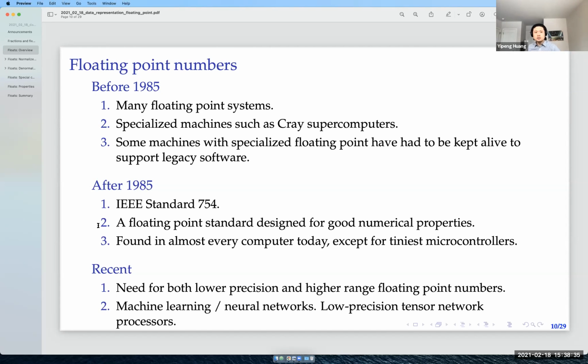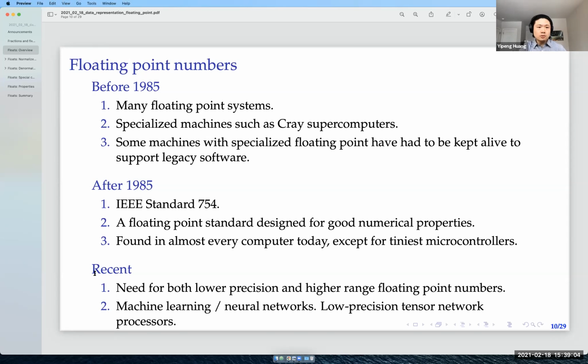And you can find and use floating point numbers in almost every single computer today, except maybe for some of the tiniest, lowest power microcontrollers. Right? So even if you pick up an Arduino, which is a kind of really tiny computer that you can use for experimenting with computers, you'll find that the Arduino itself already supports something like floating point computation.